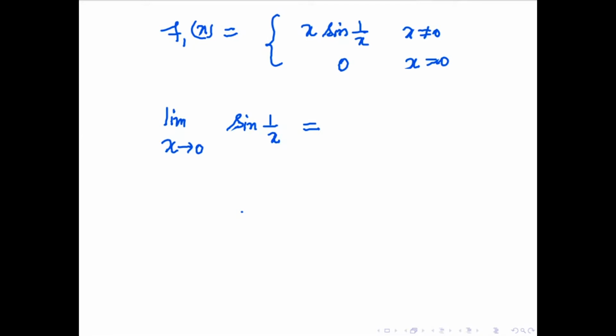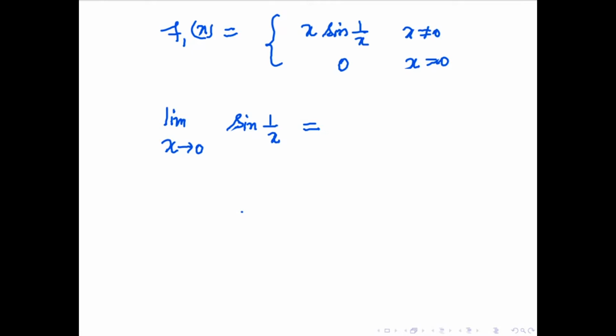Because of oscillation. Sine 1 by x lies between -1 to +1, but when you put x equal to 0, 1 by x will become infinity. So we don't know where it will go. So this limit doesn't exist.